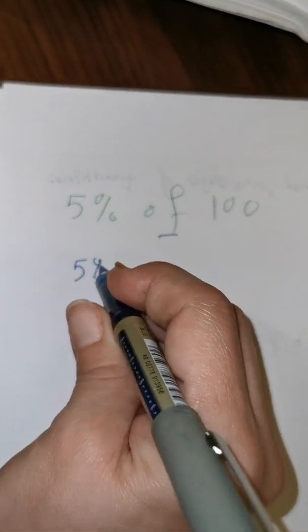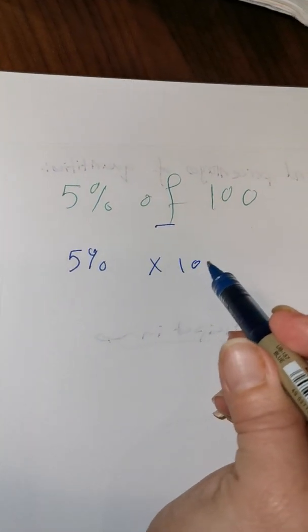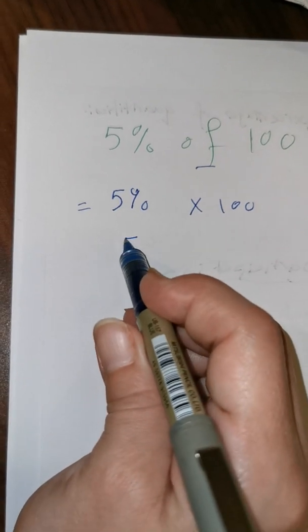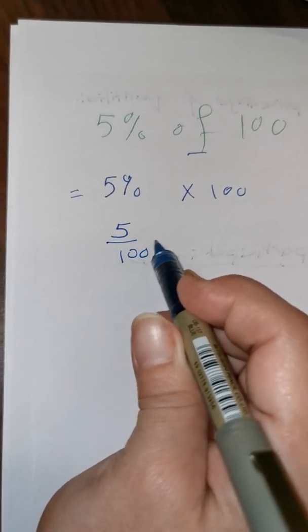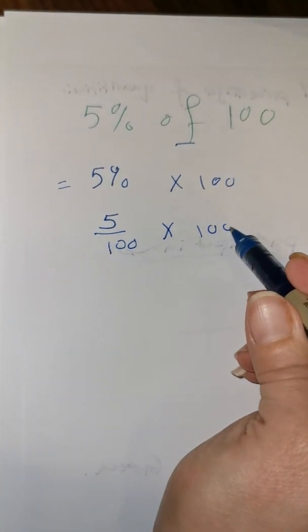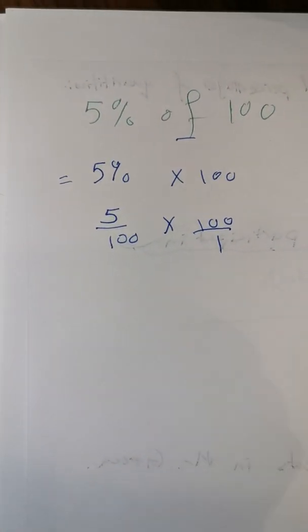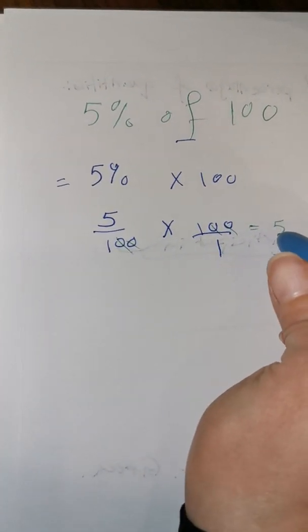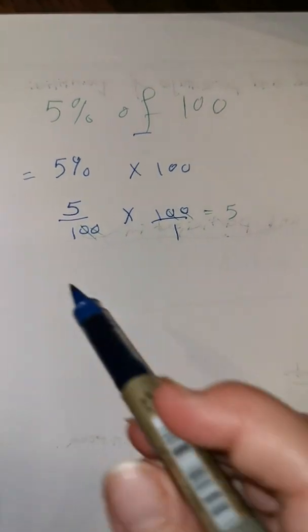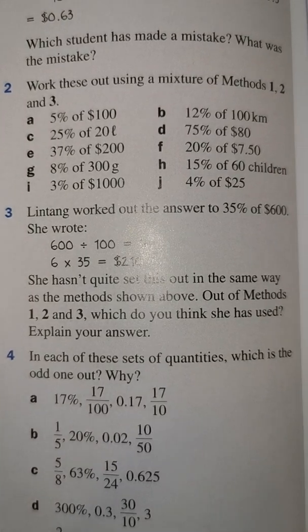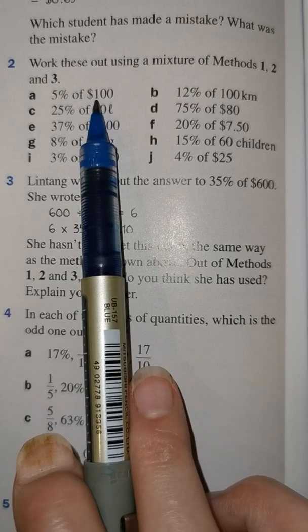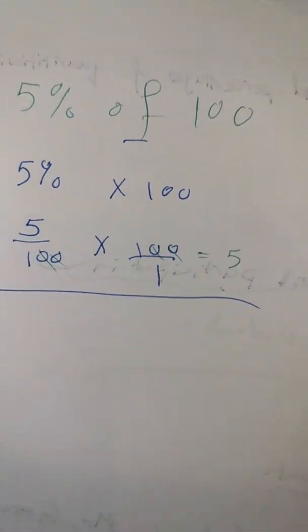So we have 5% times 100. 5% can be written as a fraction, 5/100 times 100. You can use a calculator, but easy, you can simplify 100 with 100 to get 5. One more example. Okay, since the amount here is dollars, the answer will be dollars. Okay, $5.